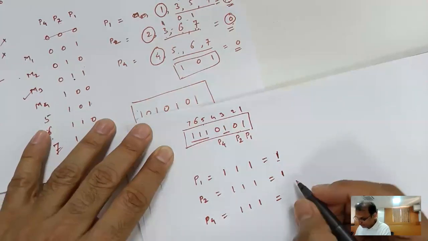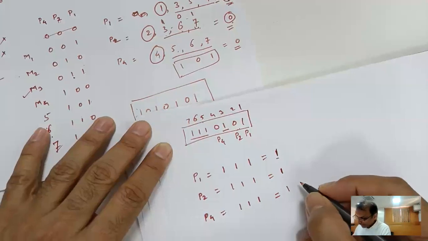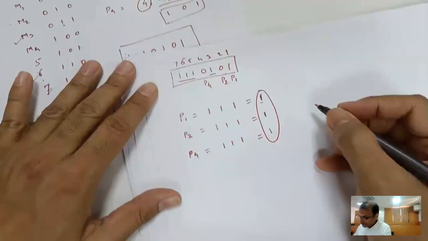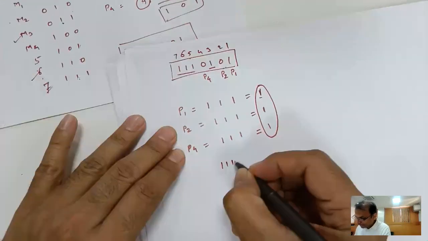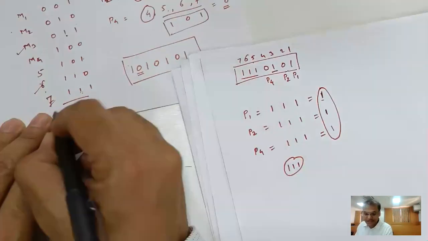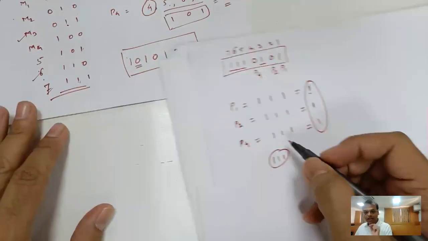Any doubts, guys? Again, it is an odd parity. So what is the value you are getting here? 1, 1, 1. And that means the seventh bit is changed. There was an error in the 7th bit.